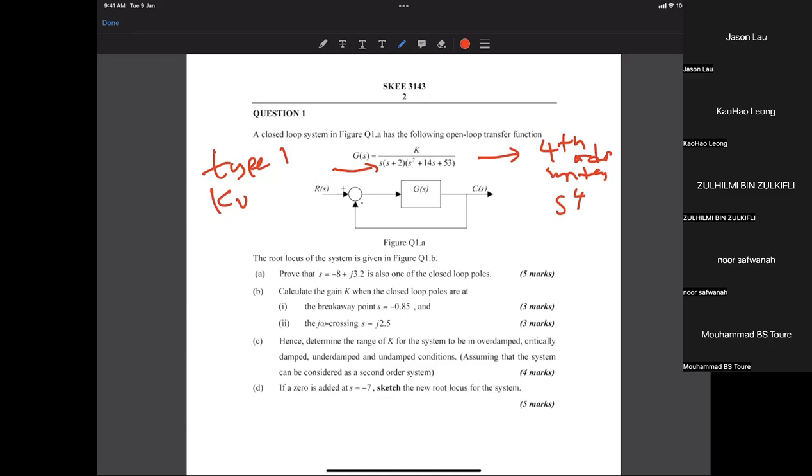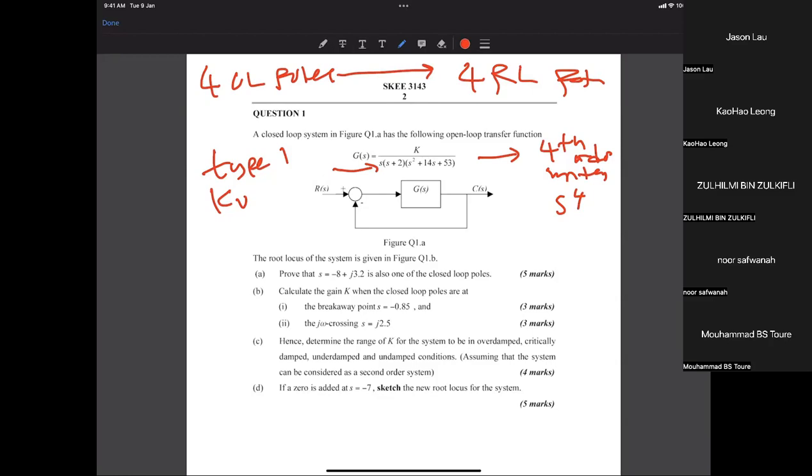And we have 4 open loop poles, so 4 root locus paths. Okay, that's all. So prove that -8 plus j3.2 is also one of the closed loop poles.